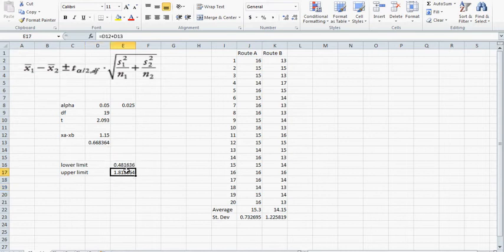If the lower limit, okay, think of it on a number line. 0 is in the middle, you have negative numbers here, and then you have something like 0.5, 1, 2. So in this case, our lower limit is right around 0.5, it's right here, and our upper limit is right around 2. So at no point do we cross the 0 line, and that's what's important here. Our difference is somewhere in here, but it definitely doesn't have a 0.